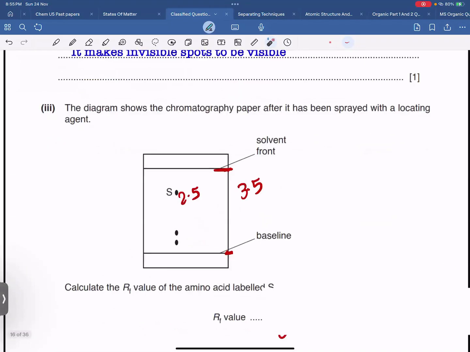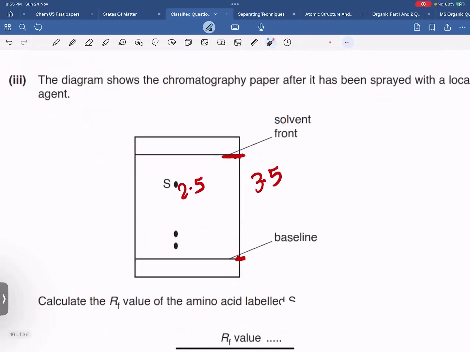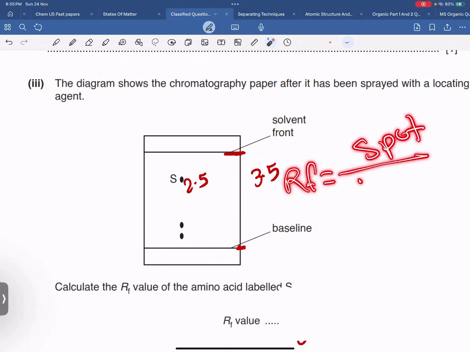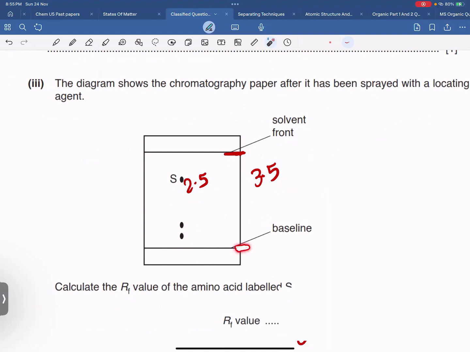Now the spots are shown in the figure, our chromatogram paper. So calculate the RF. RF is the distance traveled by the spot divided by the distance traveled by the solvent, measured from the baseline to the solvent front. This is the distance traveled by the solvent.